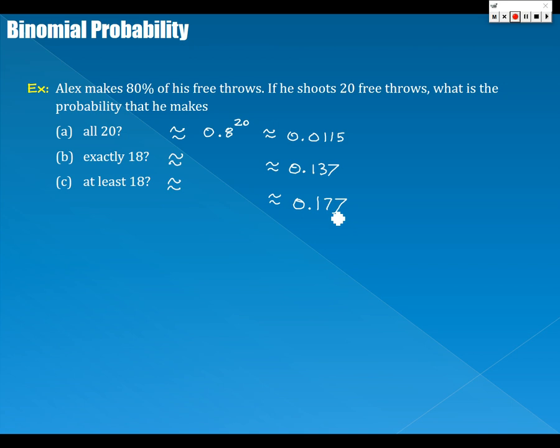We'll do 3 sig figs on that too. Can someone confirm that too? That's a little bit more of a calculation, right? You had to calculate the probability of 18 plus the probability of 19 plus the probability of 20 and add them up. Can anyone confirm that, besides Kate?